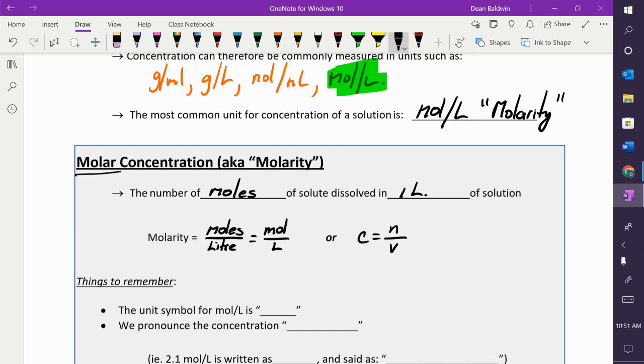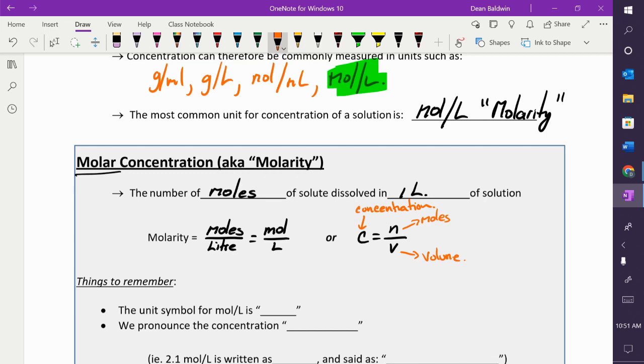C is equal to n over V. n is number of moles, V is the volume, and this is the concentration. I will just use moles per liter, mol over L. That's what I'll use a lot. Because that's what most things are.